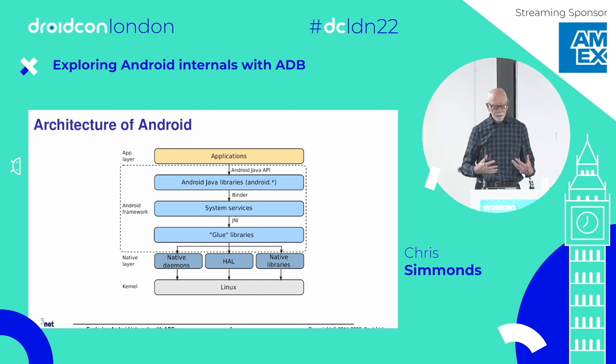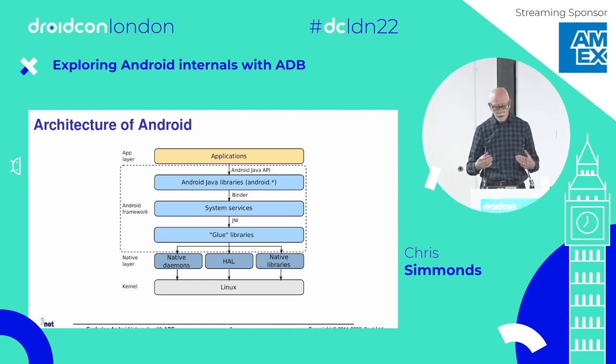So the system services and the library are written in Java, mostly, some bits in C++, but mostly Java. But at the lower level below that, we have what I call the glue libraries, and these then allow the Java components to call down to the native layer. So the native layer contains basically a POSIX Linuxy type environment.